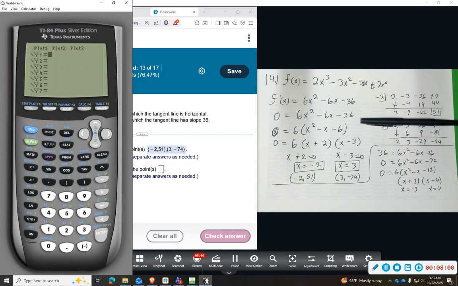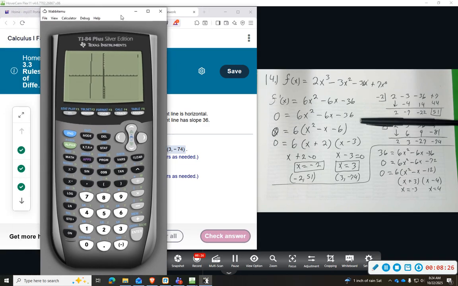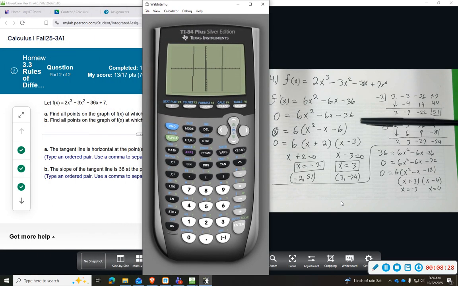We're going to type in the original function, which will be 2x to the third minus 3x squared, and then minus 36x, and then plus 7. Alright, so we'll let that graph. And I don't see the whole graph, it doesn't matter. Mainly, I just need to be able to get the y value for these 2 points.